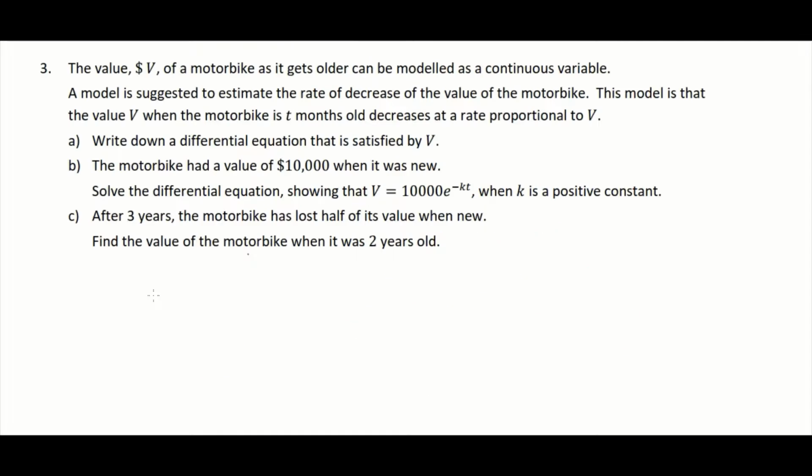Number 3: the value V of a motorbike as it gets older can be modeled as a continuous variable. A model is suggested to estimate the rate of decrease of the value of the motorbike.